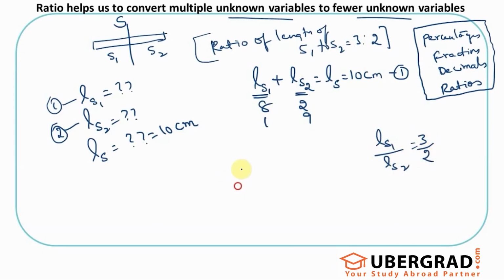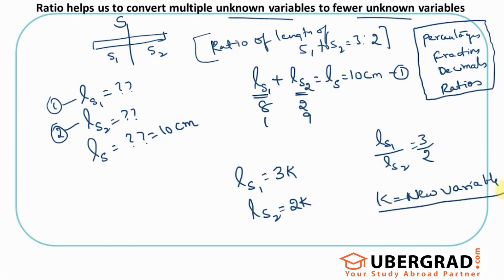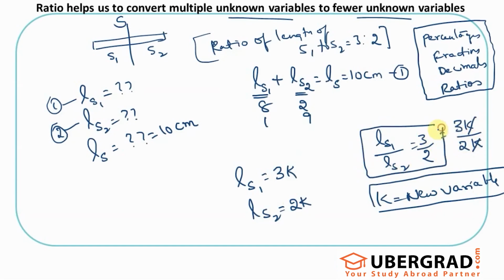I can assume the absolute values like this, 3k and 2k. K is a new variable that I am assuming. I am assuming the actual value of stick 1 is 3k and stick 2 is 2k. 3k by 2k, k gets cancelled, they will satisfy this given condition as 3/2.